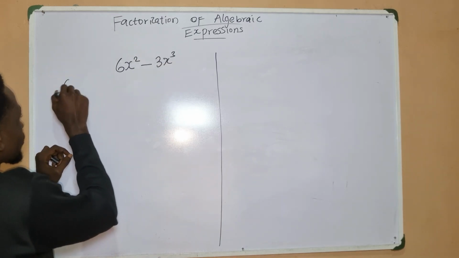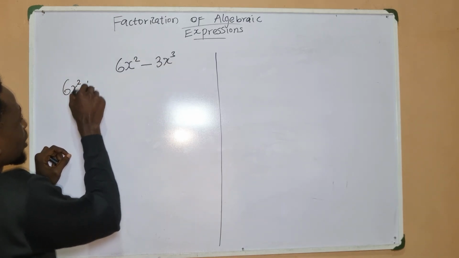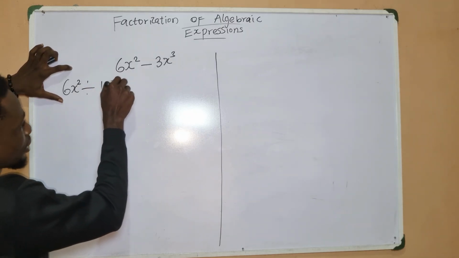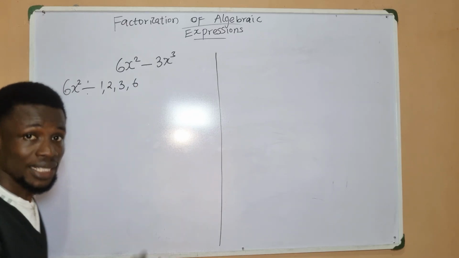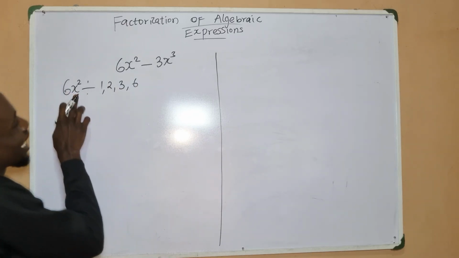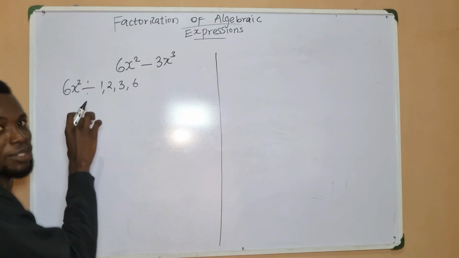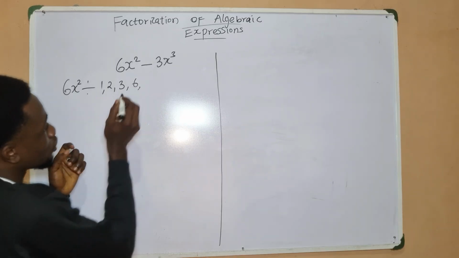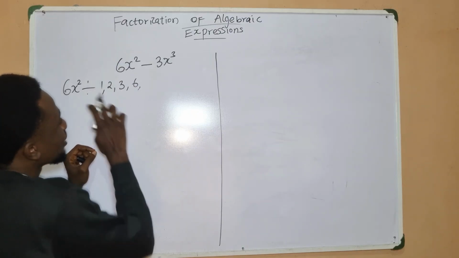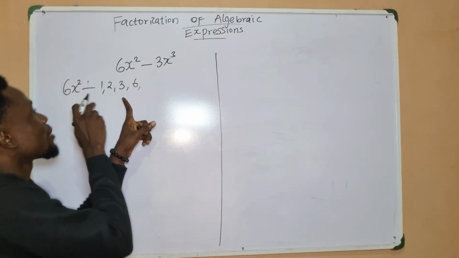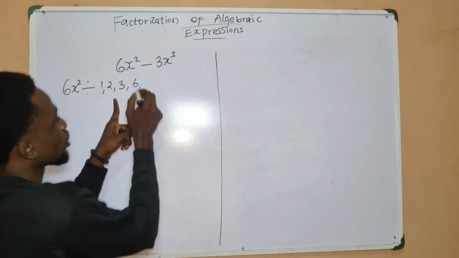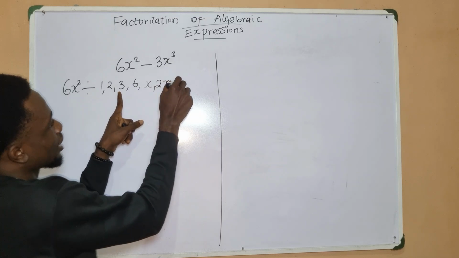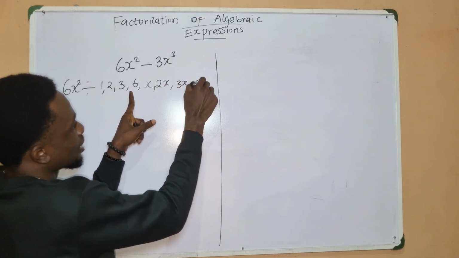So we're going to get the factors of 6x squared. First find the factors of 6: 1, 2, 3, 6. Then attach the x. This is a bit tricky, but still very easy. I'm going to replicate these factors of 6 with respect to the variable, so it's going to be x, 2x, 3x, then 6x.